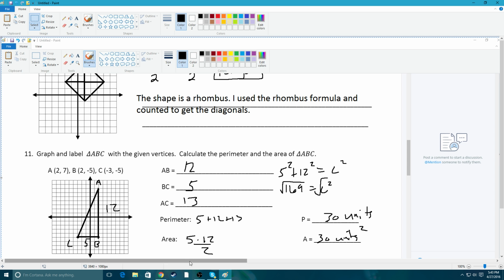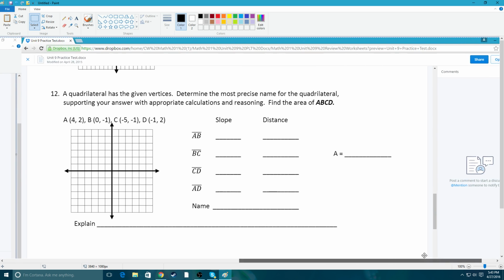Okay, number 12. Given vertices, so we got to put the vertices down. A is at 4, 2. 1, 2, 3, 4. 1, 2. So there's A. 0, -1 is B. So here's B. -1, 2, 3, 4, 5. -1 is C. And -1, -1, 2.